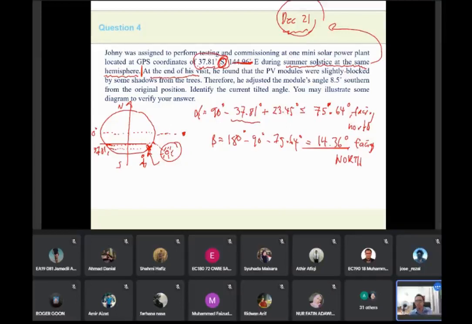Therefore, he adjusted the module's angle 85 degree southern from the original position. Identify the current angle. You may illustrate some diagram to verify your answer. So what should we do?